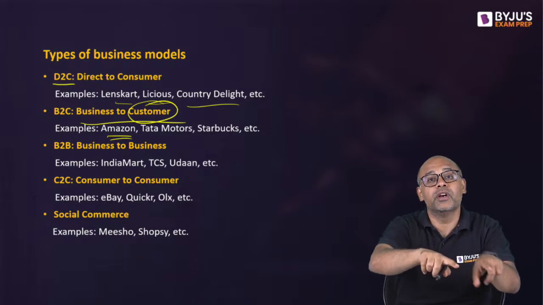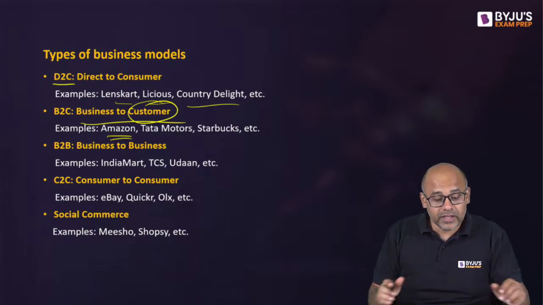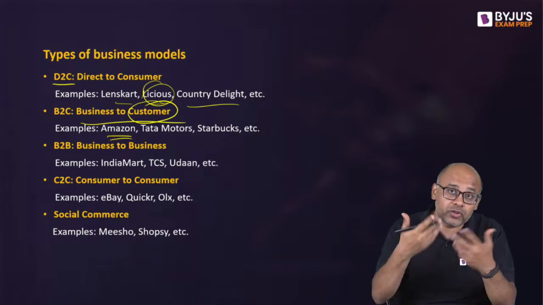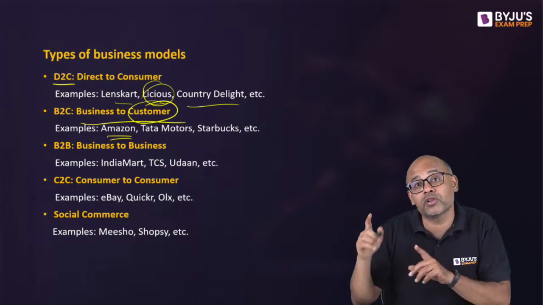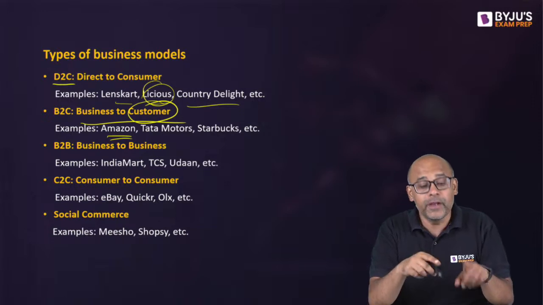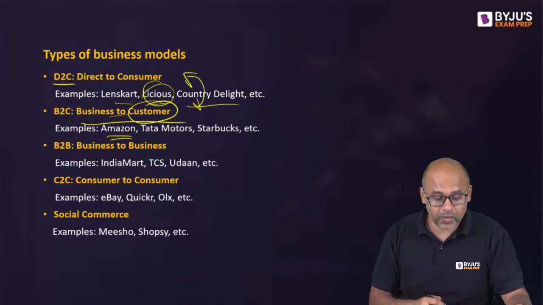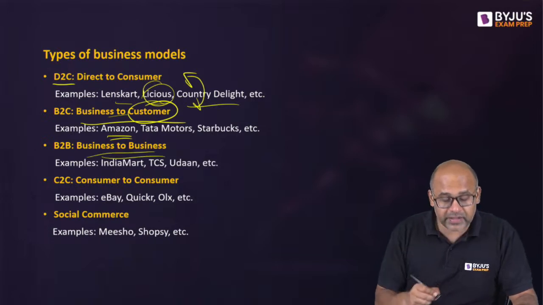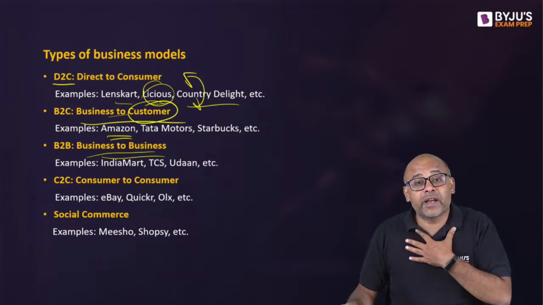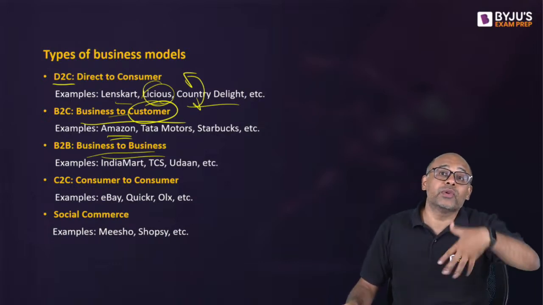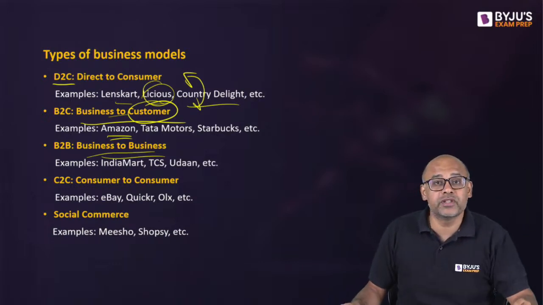You are a customer. So it is business to customer directly. Whereas Licious is selling its own product, Amazon is actually a mix. It will sell its own products also, but it will also allow other businesses to sell to you. So that is basically business to customer. These two are very, very similar. Then you have business to business. If I'm a business and I want to sell things to another business, that's called business to business.